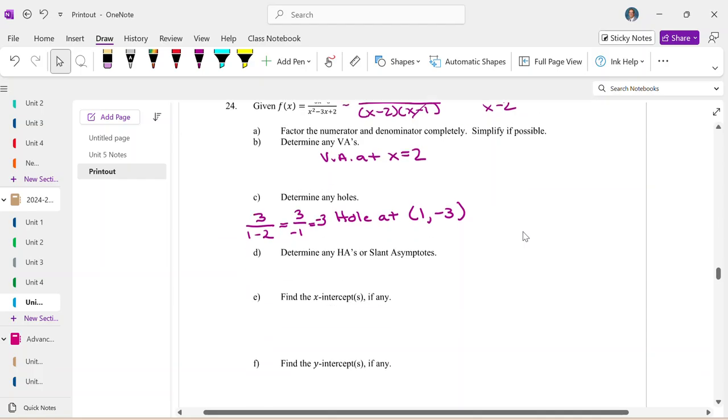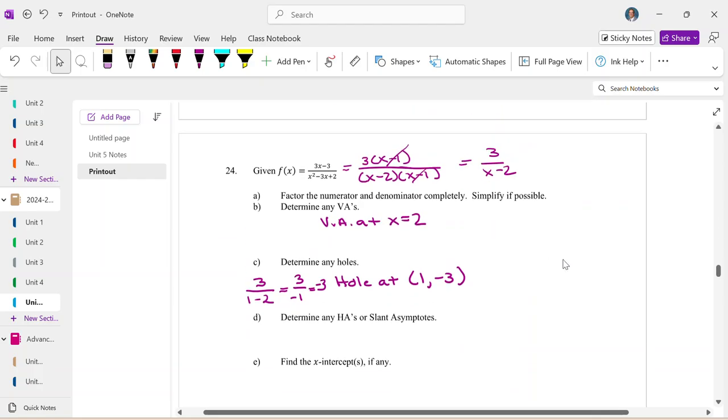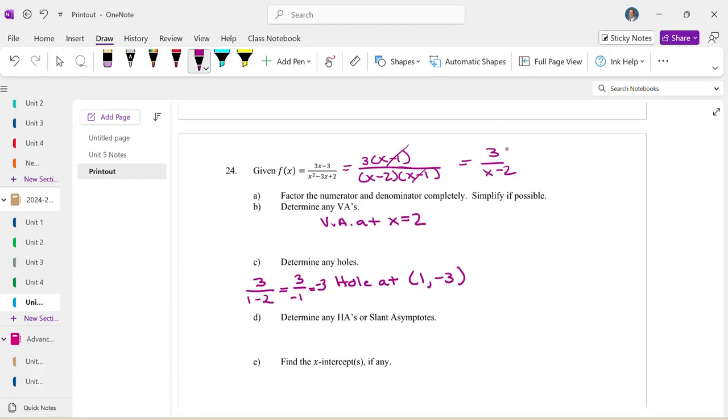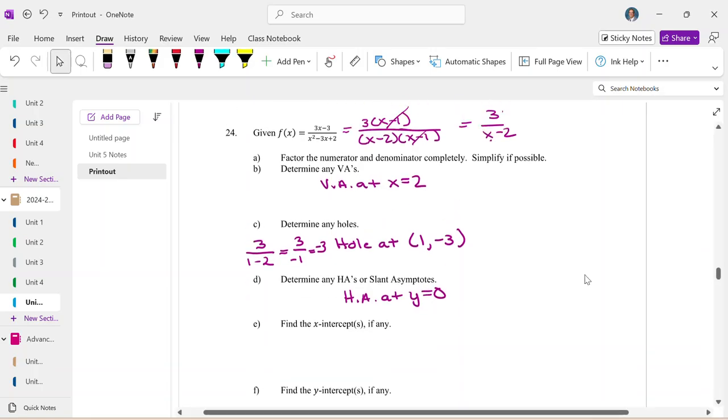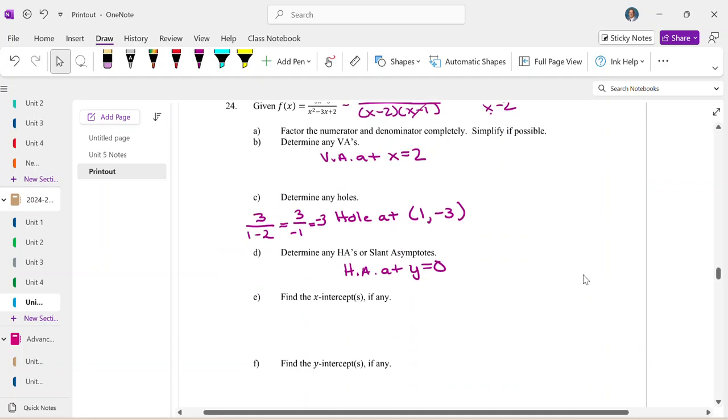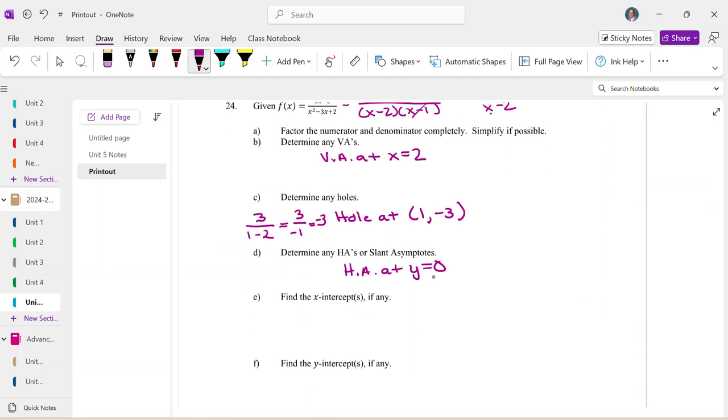Now, horizontal asymptote. If you look at the degree of the numerator, and you use the simplified version, the degree of the numerator is less than the denominator, so the horizontal asymptote is at y equals 0. And the x-intercept, well, if the horizontal asymptote is at 0, that means there is no x-intercept, right?